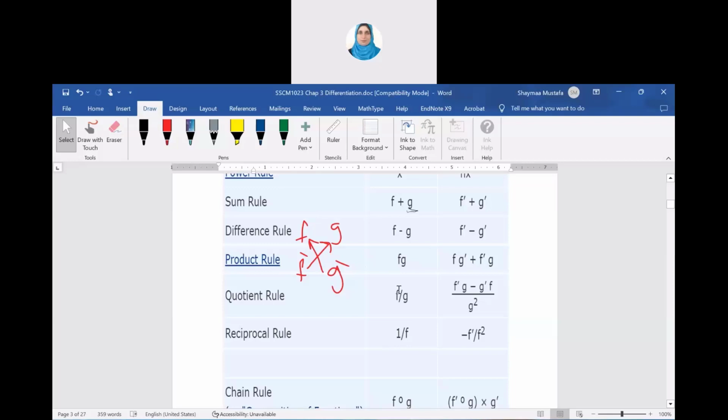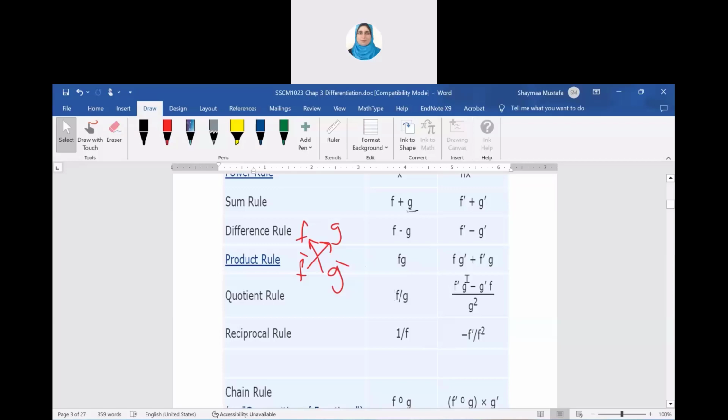This one is a special case of the division rule, 1 over f, when the numerator equals 1. So here the denominator is f, so it becomes f squared. Now the derivative for 1 is 0, so this term becomes 0, minus the derivative for f times 1, so minus the derivative for f.